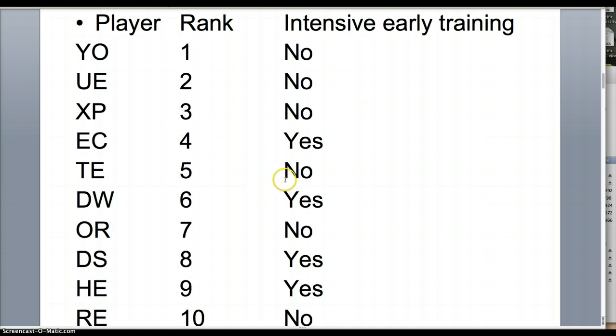So we have a dichotomous question, whether or not you had intensive early training, and then we have the rank at which the person was currently standing. We want to know if this side has anything to do with this rank. When people first see this, they say, well, that's a correlation that has to do with two things. Well, it can't be a correlation if this is only dichotomous data over here.